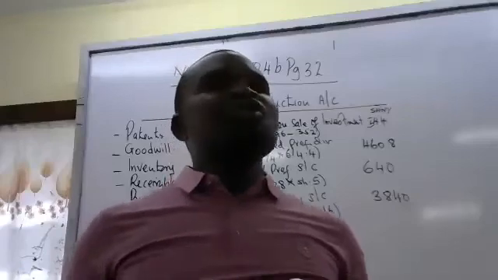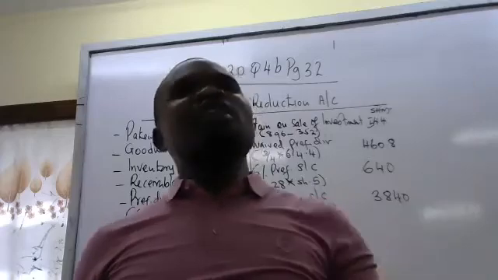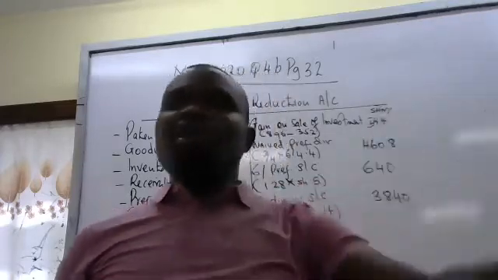Just do 3 and a third. 3 and a third is 10 over 3. Take 10 over 3, then divide by 100, then multiply by 2400.